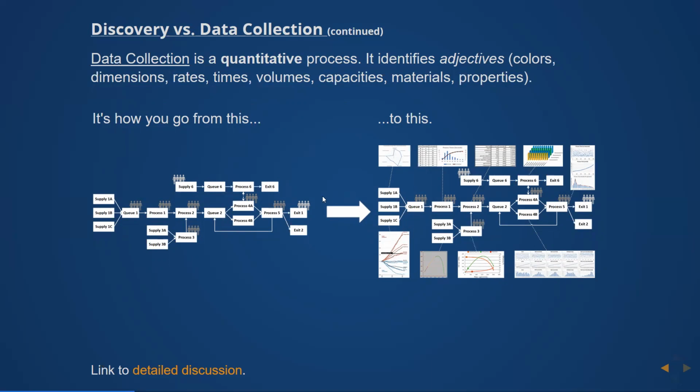And that's how you go from understanding what and who and what's going on within the process to how much, how many, distributions, percentages, statistical, historical information, and so on. And there can be as much information out there as you can think of.